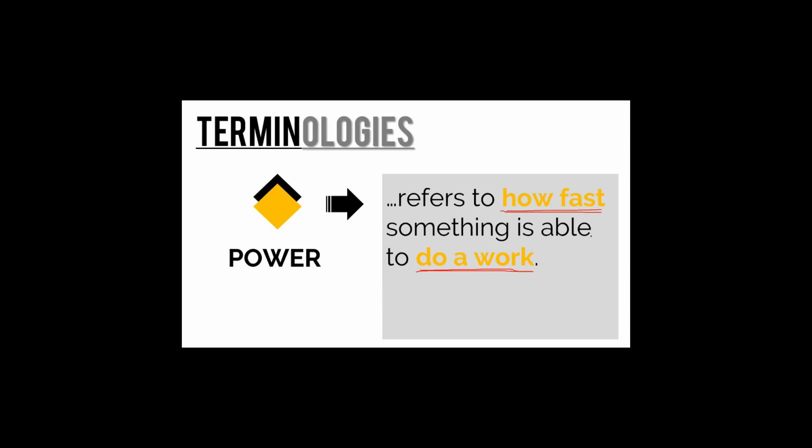So when we say how fast, then therefore it has a time interval given to do a certain work. So if an object has greater power, then it has a much lesser time interval to do a certain work.